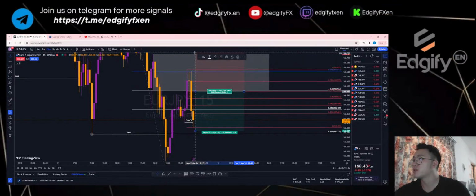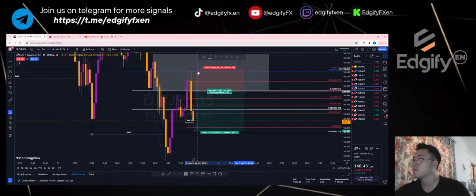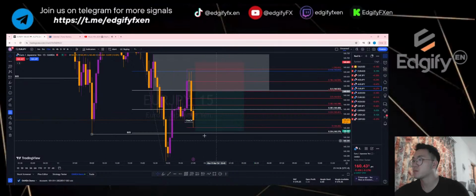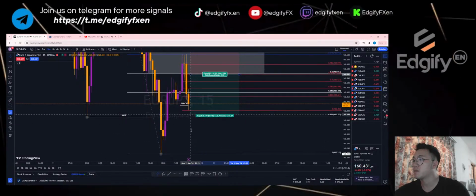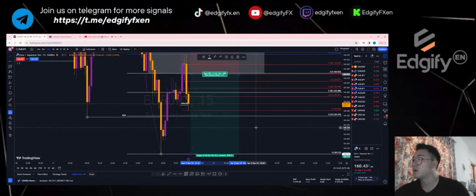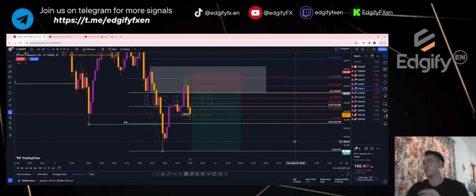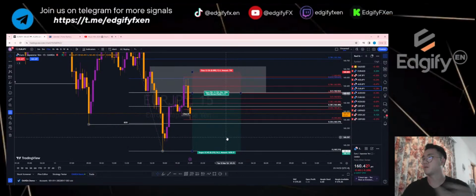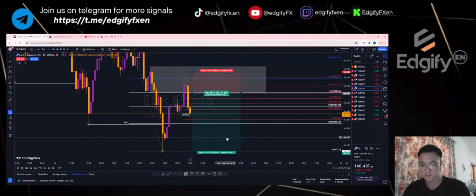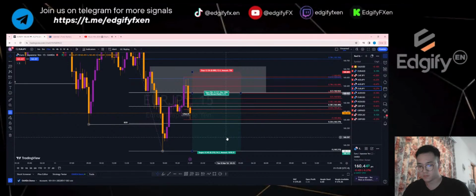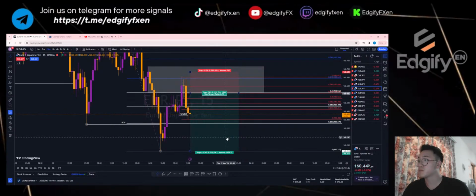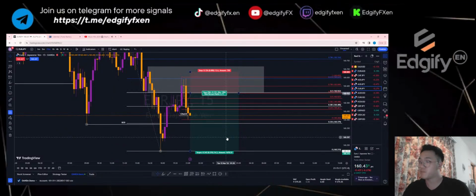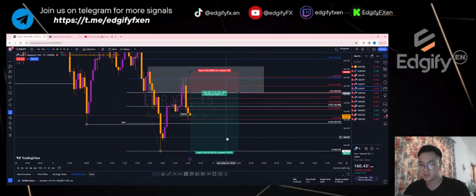It's very close to the 50 fib, and back to this low is about 1 to 2.7, right? I might be placing a sell limit here.